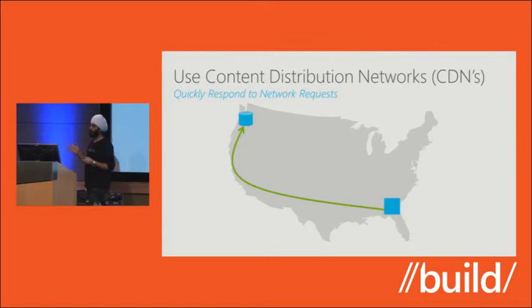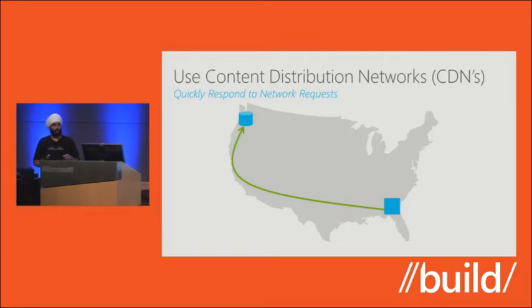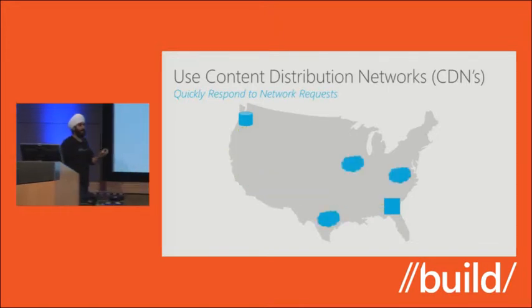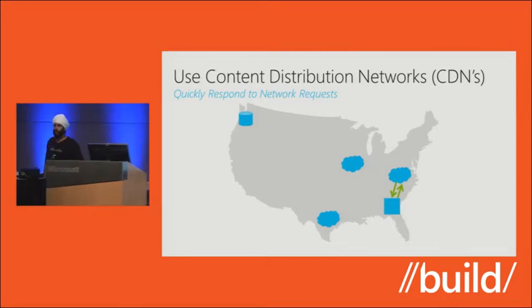That would be about 3,500 miles, 7,000 miles round trip. So on today's high-speed networks, that's about 250 to 300 milliseconds delay. So what you can do is with CDNs, you can easily geolocate your data closer to your user, especially with static resources. So you can use services like Azure or Amazon or Google services to geolocate your data closer to the user. And essentially, we're just minimizing the amount of time spent on the wire.